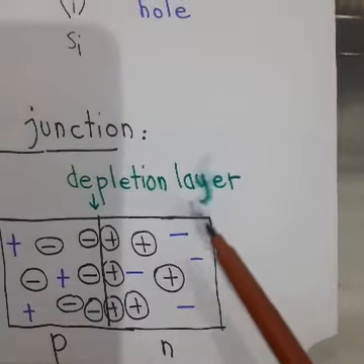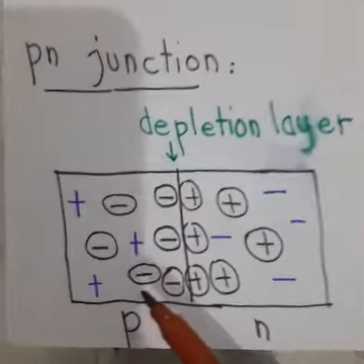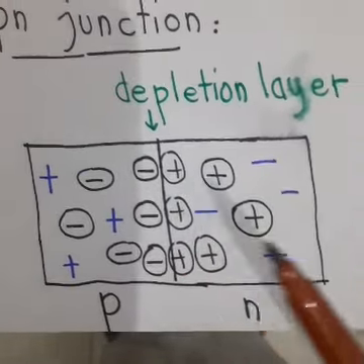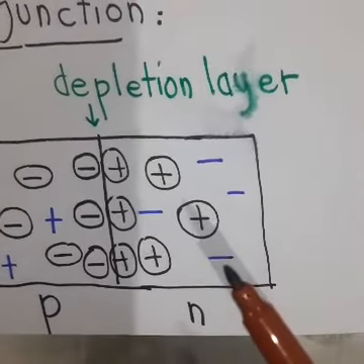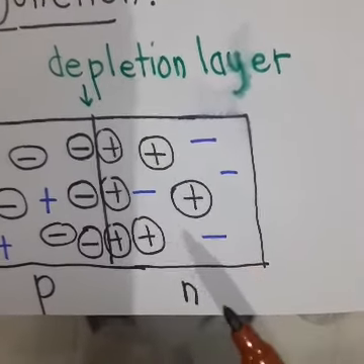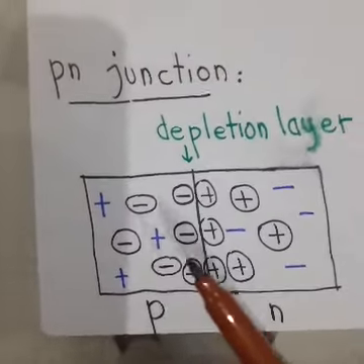As a result we have a large number of electrons in n-type material and a large number of holes in p-type material, and they are called majority carriers. We have majority carrier holes in p-type material and majority carrier electrons in n-type material.